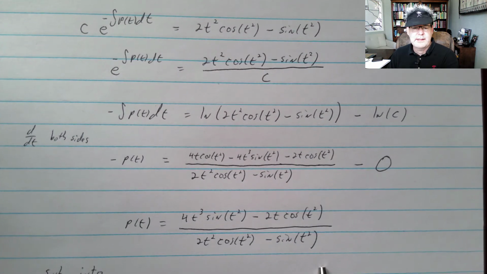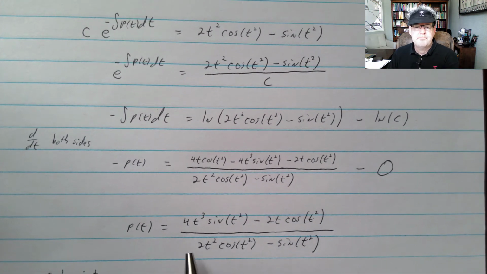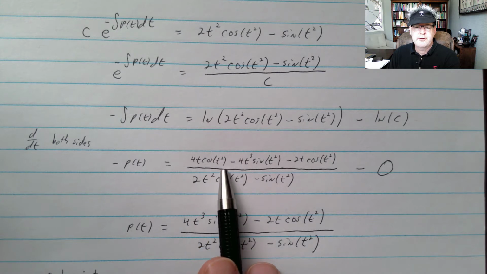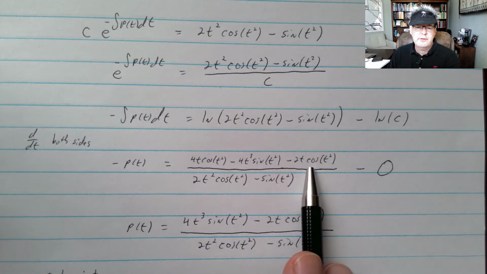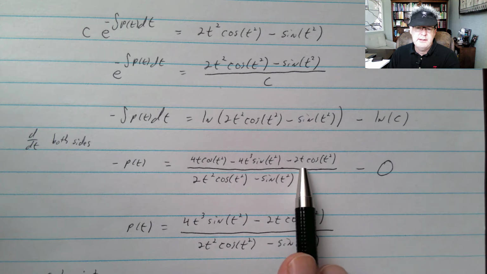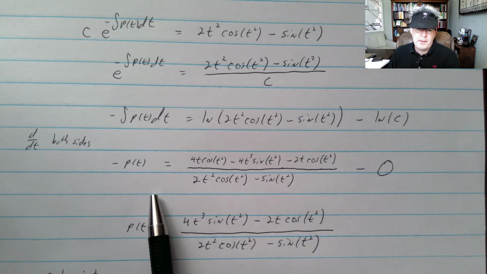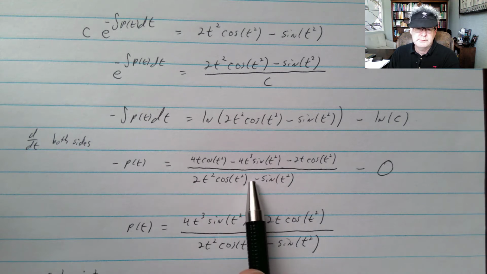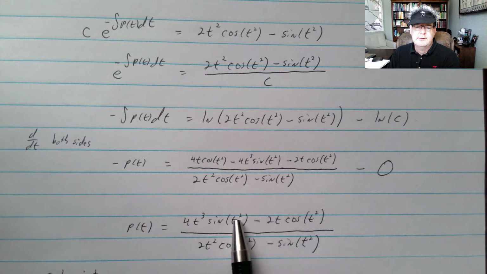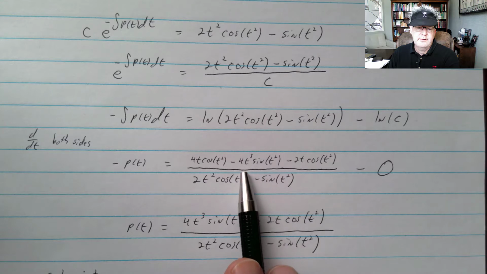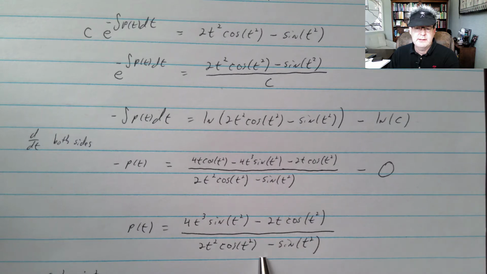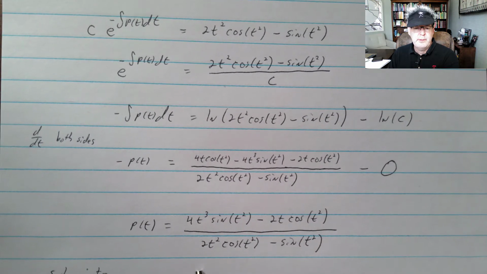So it worked out for us. So for p of t, we've got two similar terms. This first and third term combine to give me 2t cosine of t squared. And for p of t, I'll just multiply by the negative, so I actually get this minus the 2t. So there, that would be p of t.